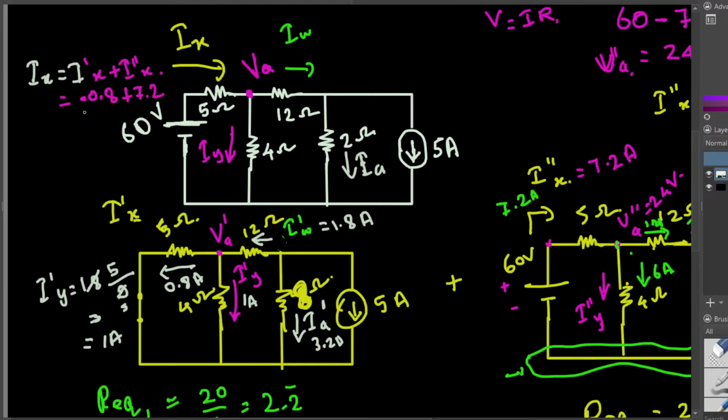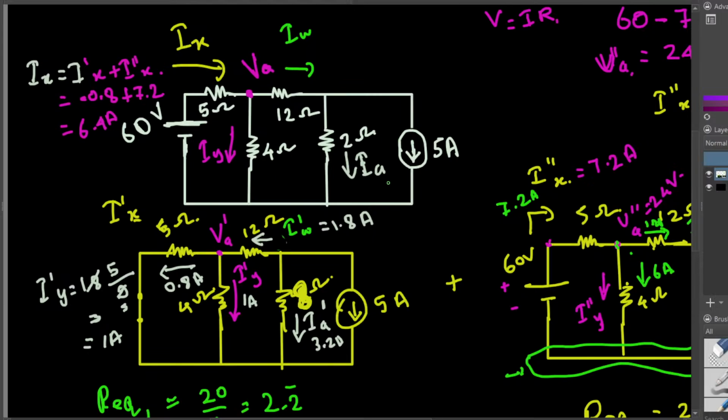So positive 7.2 minus 0.8, we are going to get 6.4. Okay, 6.4 is the original current passing through this 5 ohm resistance. 7.2 minus 0.8, let me double check, that is 6.4. Yes, so that's the current IX.